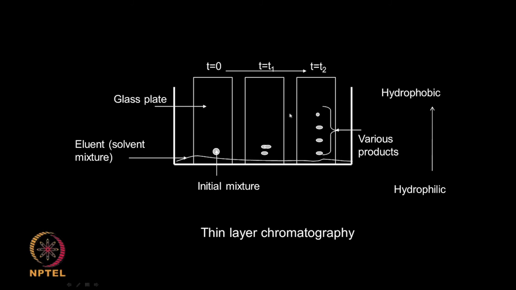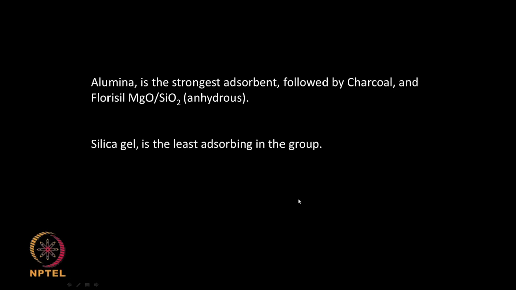So, as time progresses, you are going to have many spots. Depending upon your optimization of the mixture of solvents, you will get clean and beautiful spots. So, the top could be hydrophobic and the bottom most is the most hydrophilic. This is a very good technique and that is called TLC or thin layer chromatography.